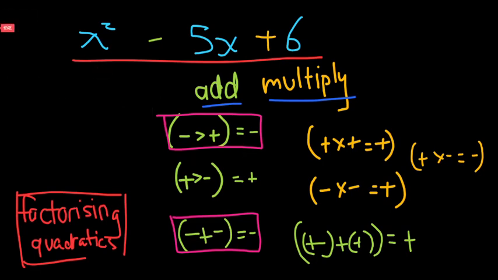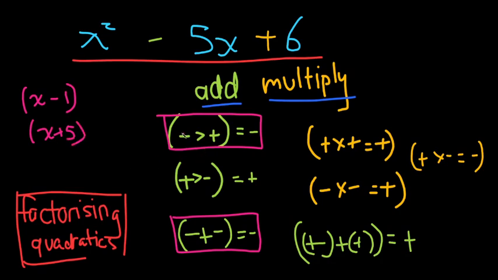Or does it? Because when we try this one, we could do negative 1 plus a negative 2, and that would result in another negative number, a negative 3. So we have two possible areas where we can determine what the actual answer will come out as, and what the numbers we will have to use will be. You know how factorized answers have things like x minus 1 or x plus 5?